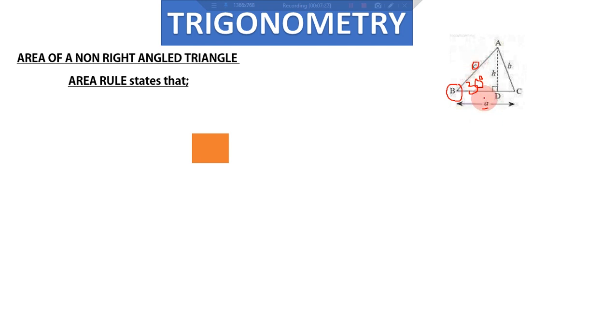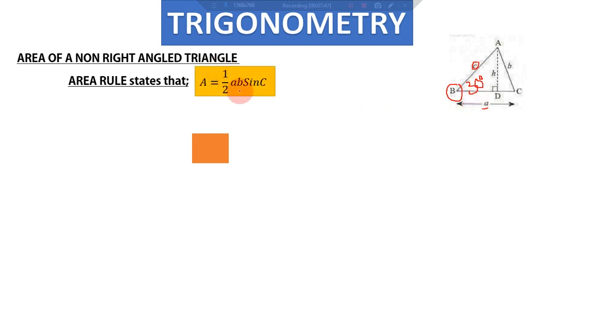If I see that one side is given and the other side is not given, then I cannot use angle B, and I'll have to look for another angle. I'll check angle C. If I want to use angle C, I'm supposed to be given B and A. If I'm supposed to use angle A, then they're supposed to give me side B and side C. So it's very important to keep that in mind.